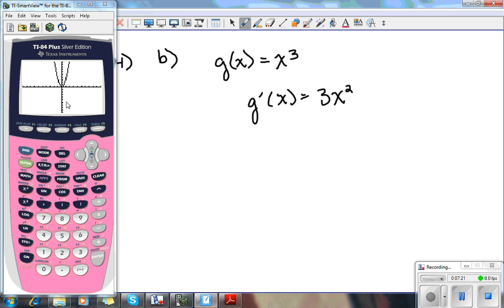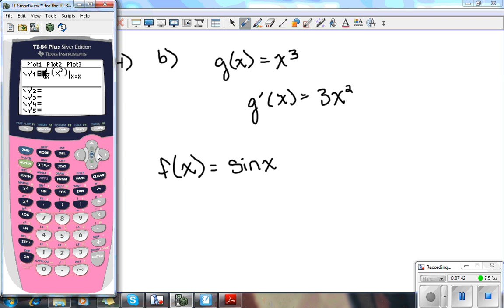Not a big deal here, but you'll find that graphing inderiv can be extremely helpful when you have a really messy function. Let's do this, because we're going to be dealing with the derivatives of sine and cosine next. Let's graph the derivative of sine x and see if we recognize that. I'm going to go y equals.